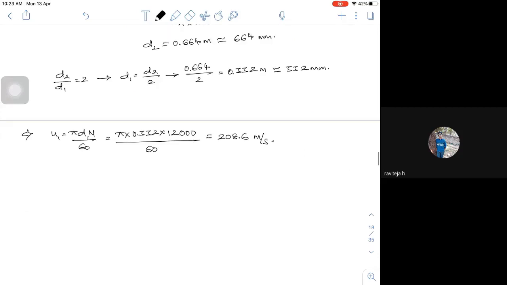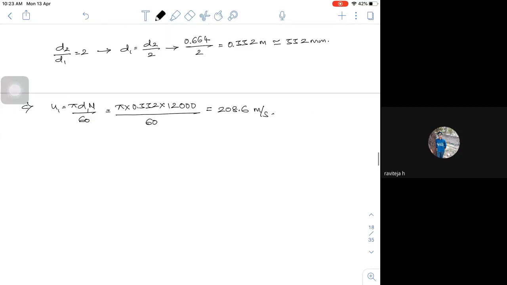So from the inlet velocity triangle, I will take tan beta 1, which is the blade angle, equal to Vf1 divided by u1.